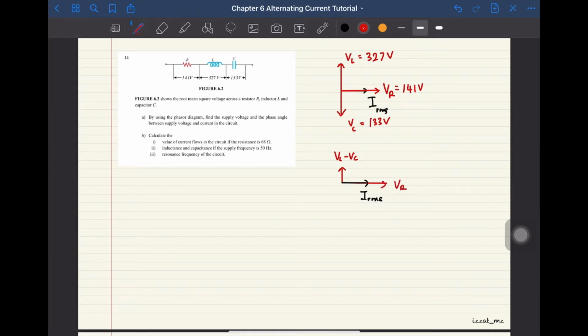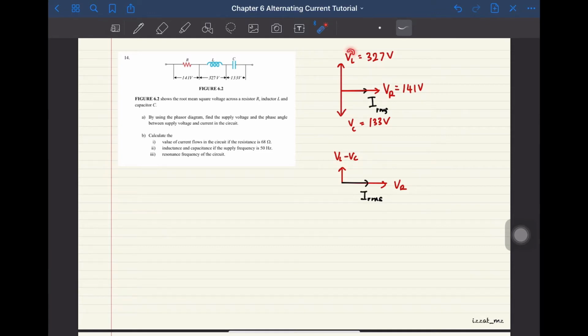From up here to down here, what I did is that I flipped the VC. If you flip, you have to take negative. That's why this one becomes VL minus VC.